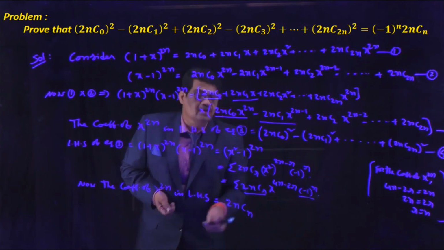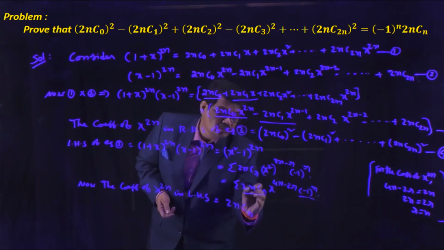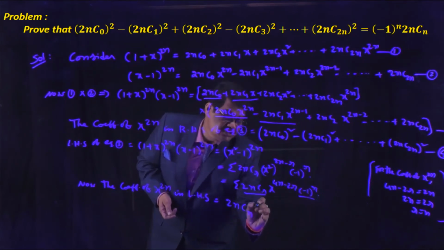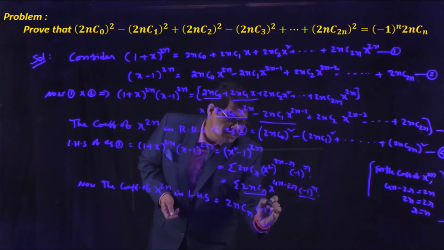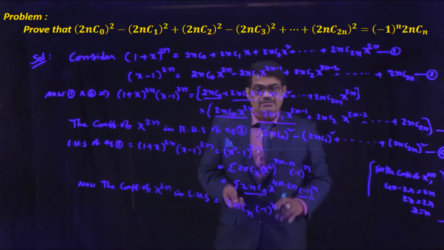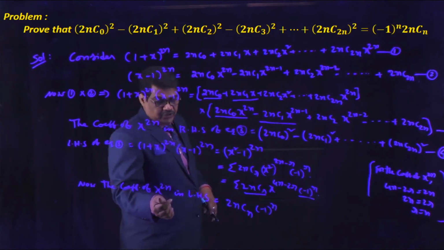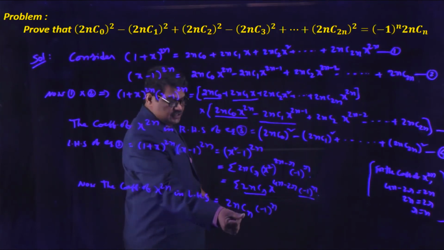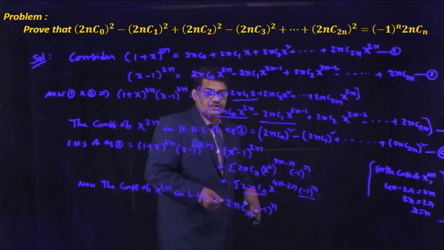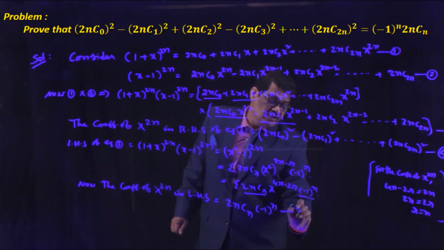So the coefficient we require is 2nCn, and minus 1 to the power of r is nothing but minus 1 to the power of n. So the coefficient of x to the power of 2n in the LHS is 2nCn times (minus 1) to the power of n. So this is equation 5.